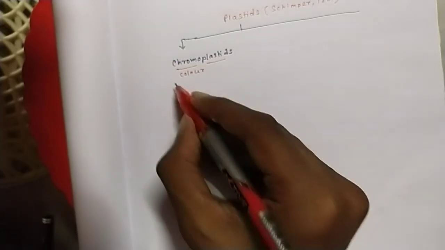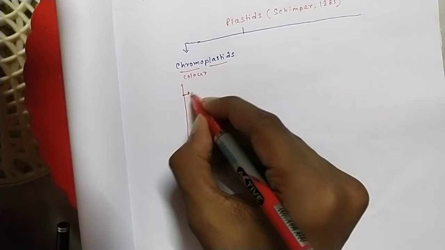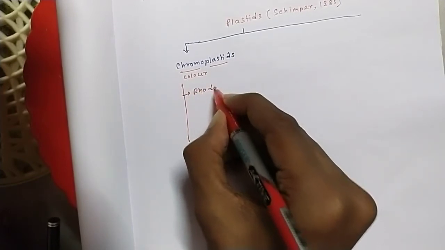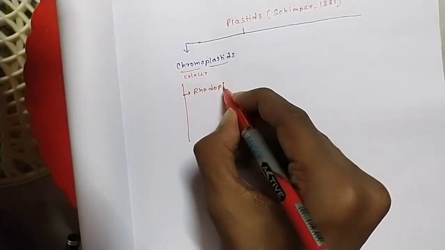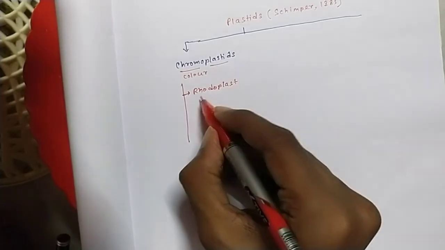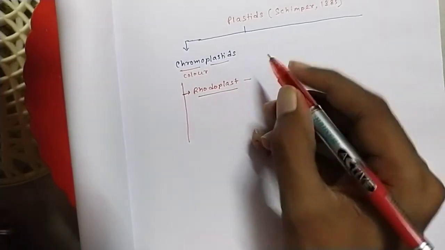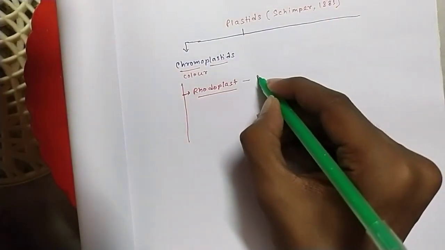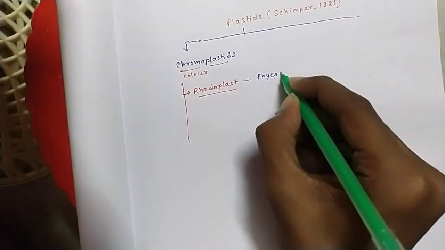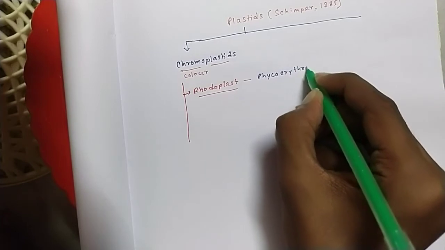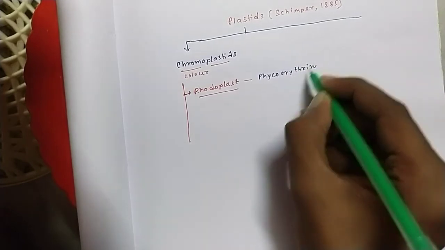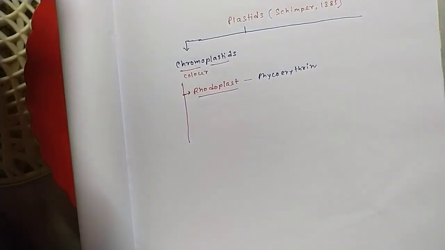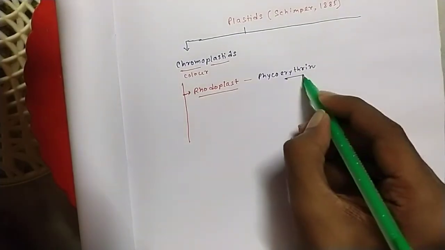The chromoplastids can further be classified into various types of plastids. For example, number one, rhodoplastids. This type of plastid contains a very important pigment called phycoerythrin. Phyco means seaweed and erythra means red.